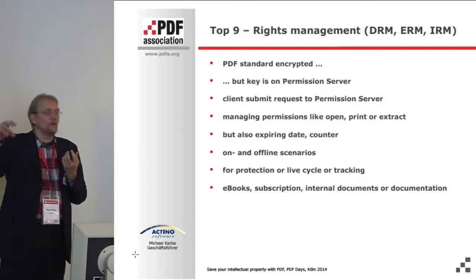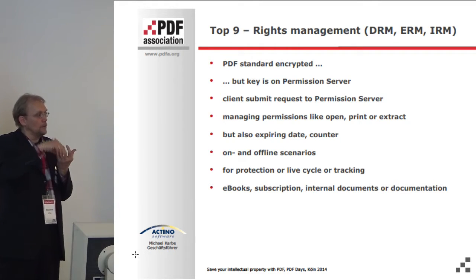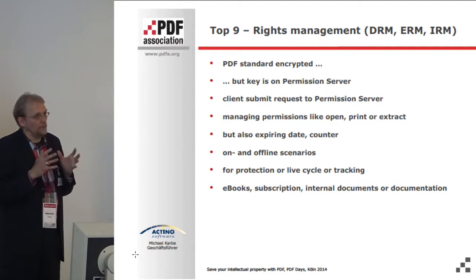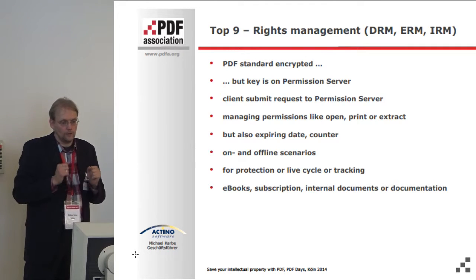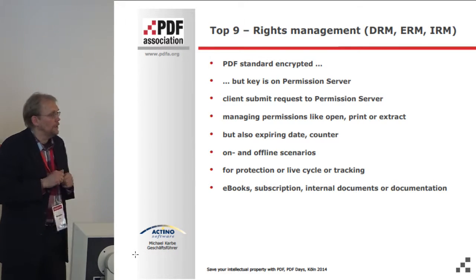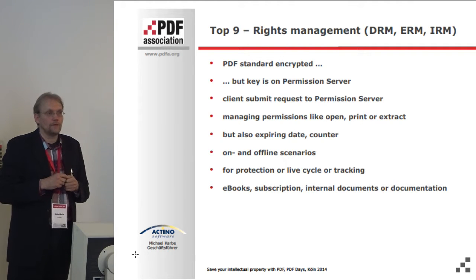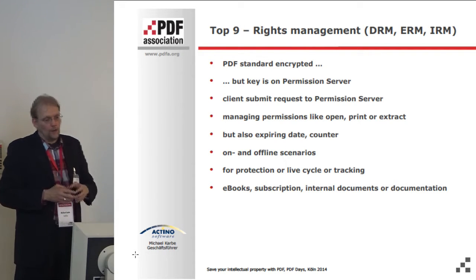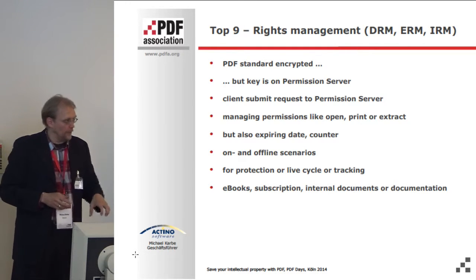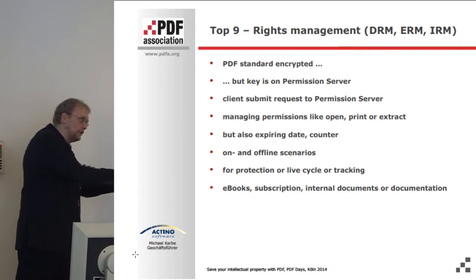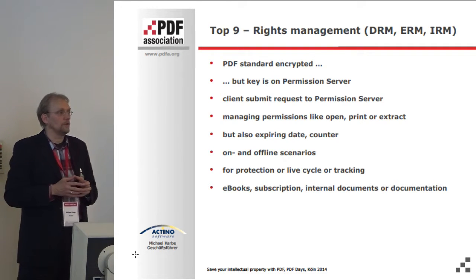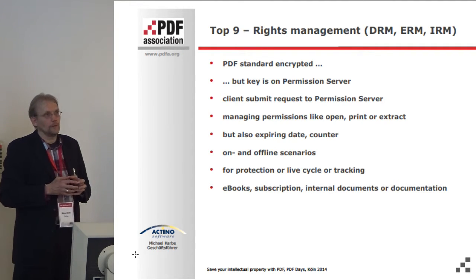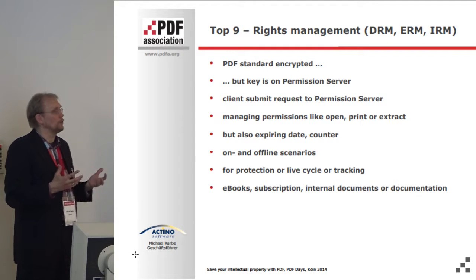This offline key is generated on demand when a PDF is opened for the first time, and the result is that from that moment the user can open the PDF on his local device until the expiration is reached. When he tries to copy the PDF and this offline key to another computer, it will not open, because the other computer has a different machine ID, so it will not work.